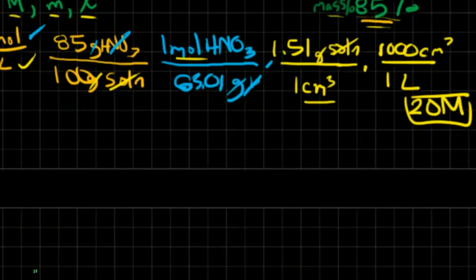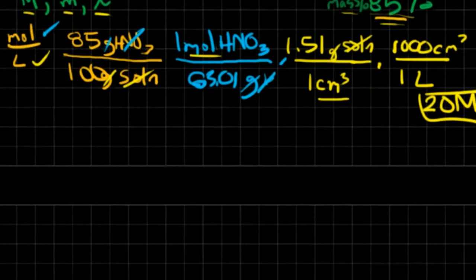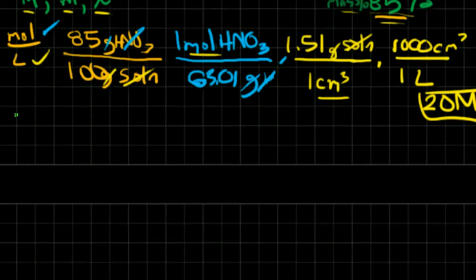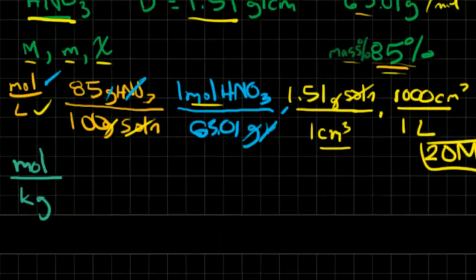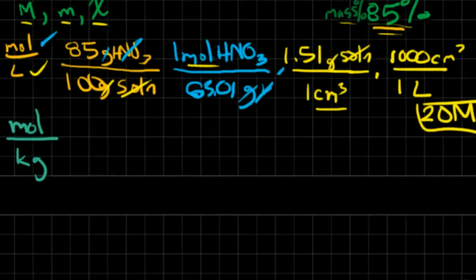Okay, what I want to do now is find the molality of the same solution. Well, molality is a measure of moles per kilogram, right? All right, now we can come from the mass percent again, and we know that 85% of this is nitric acid.